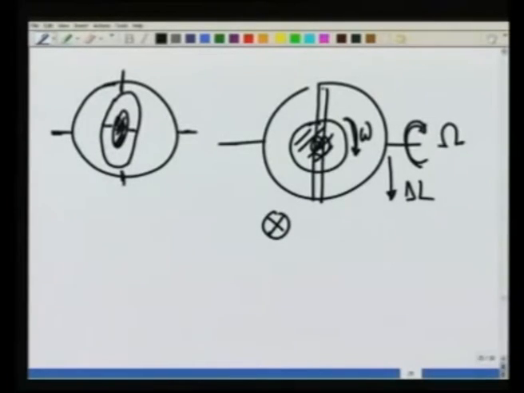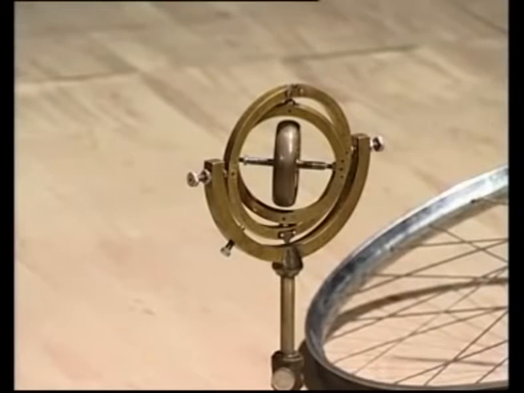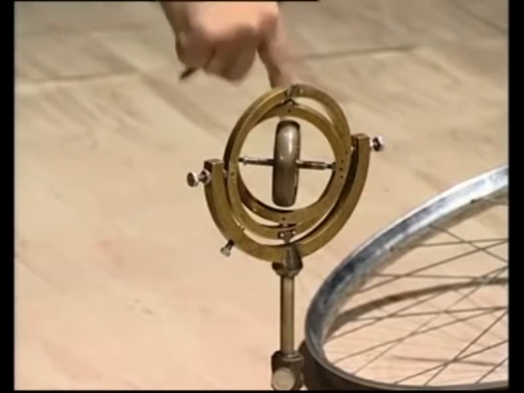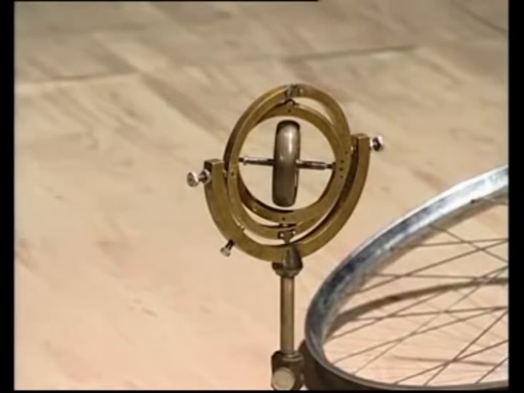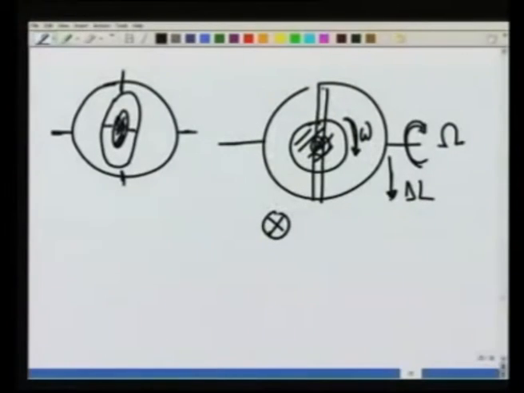However, assuming everything is frictionless, there is no torque on the system which can change angular momentum going down. If there is no torque, there should really be no change in L as far as the vertical direction is concerned. So, what does this frame do?